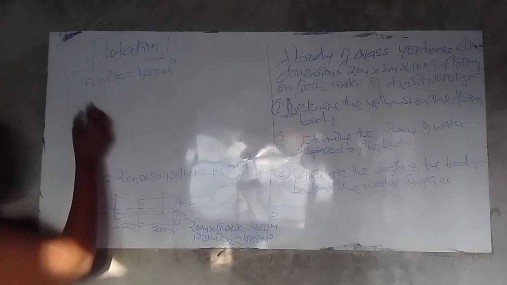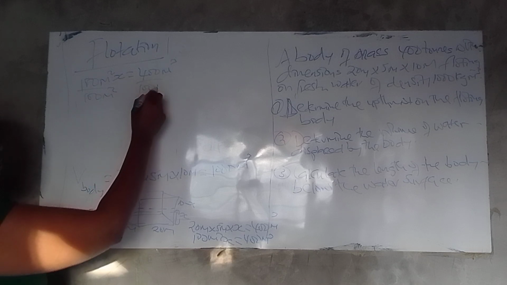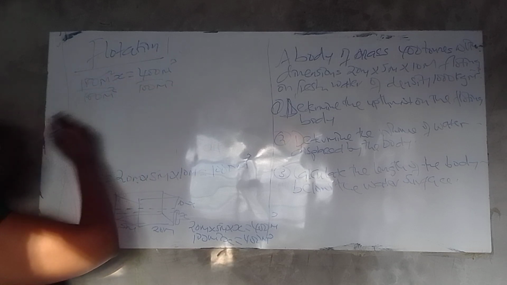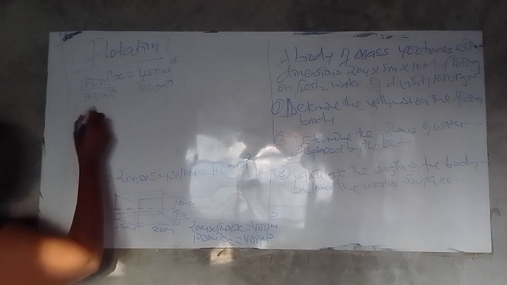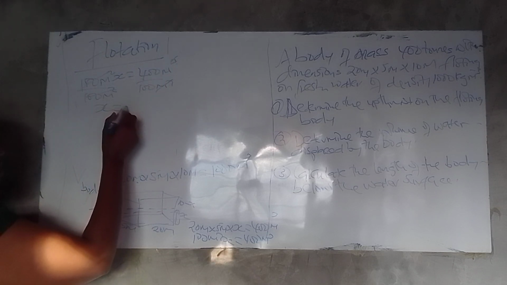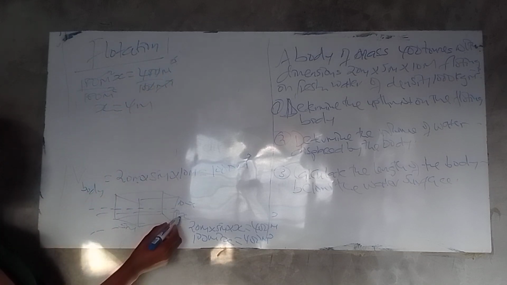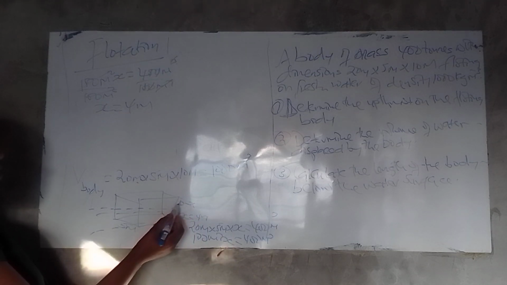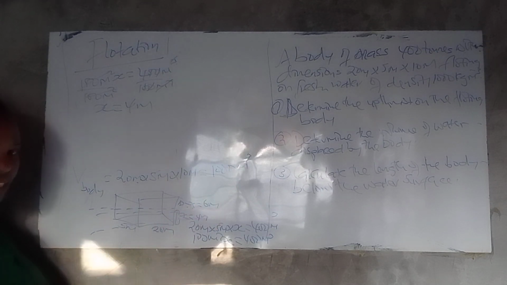So we divide by 100 square meter on both sides. 3 minus 2 is 1, so that gives meter. So x is 4 meters. Automatically the other part, 10 minus 4, is 6 meter.